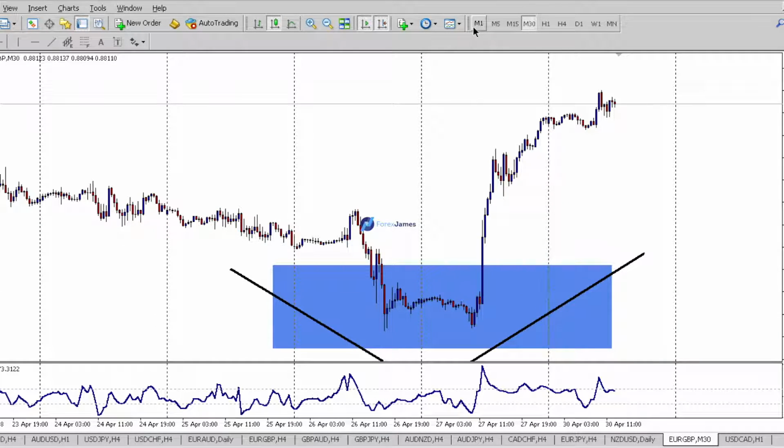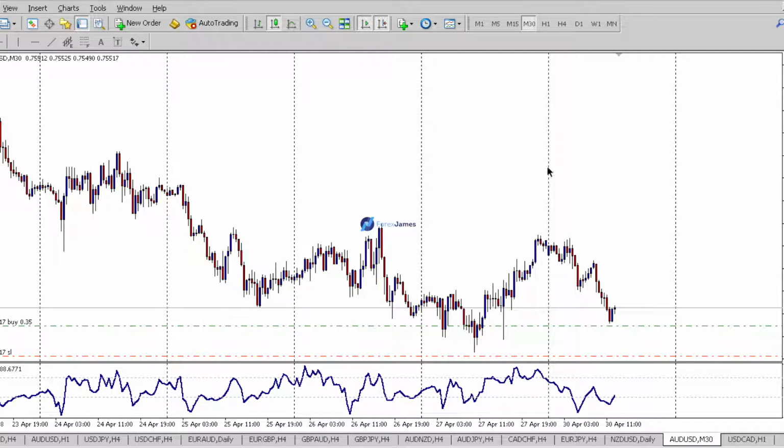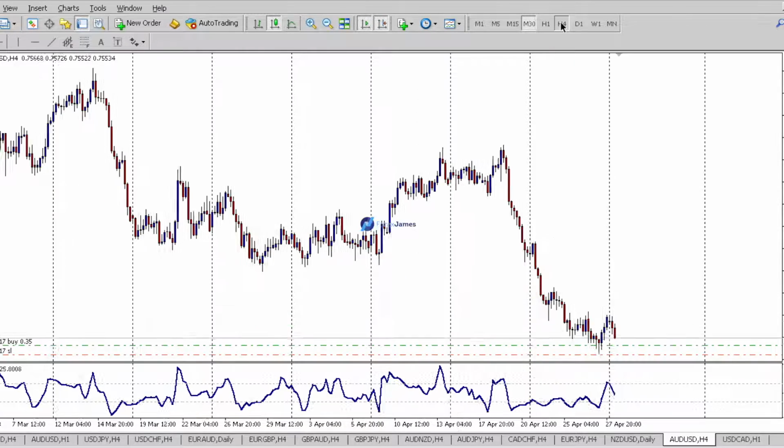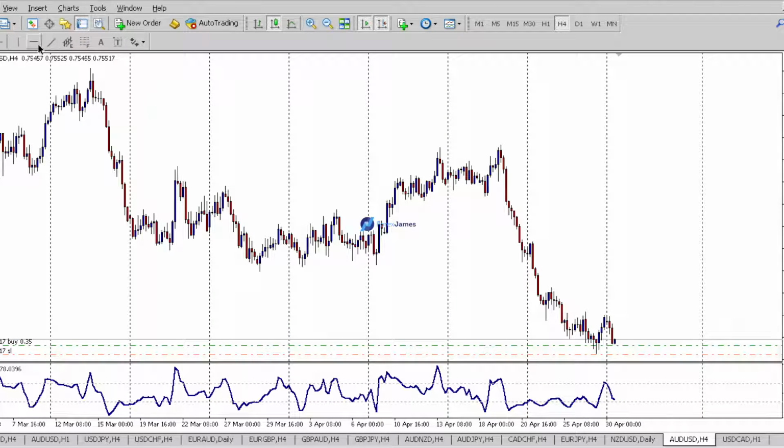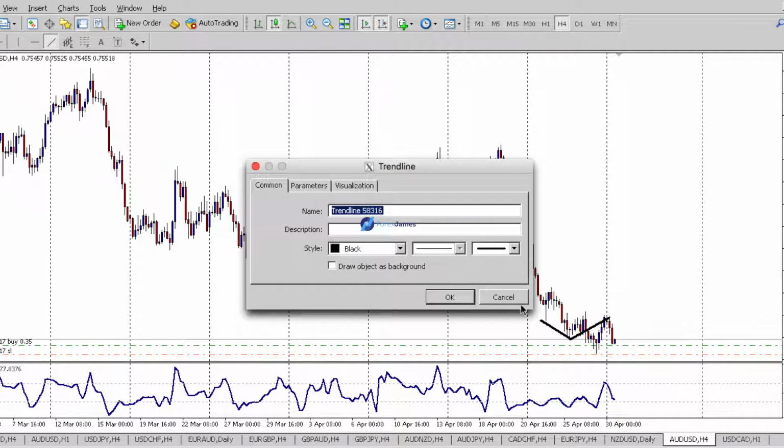Let's take a look at another example. Right about this point, I was looking for a reversal earlier on because it coincides with a PRZ.